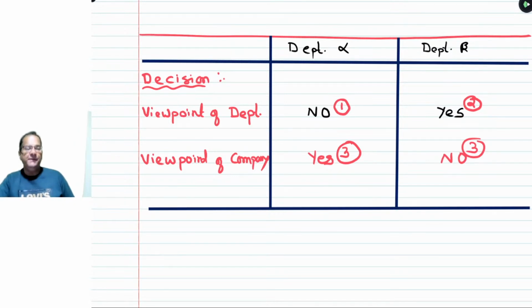What is the thought process of the company that in department alpha, the company is interested to make the investment, while in department beta, the company is not interested to make the investment?